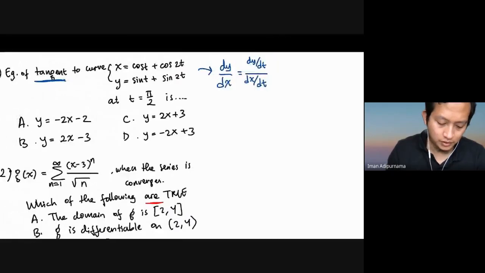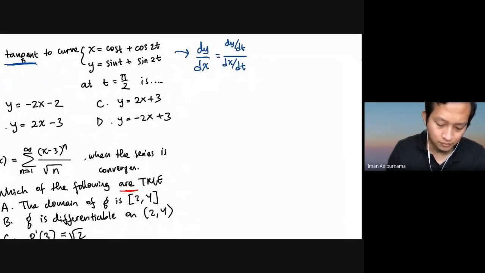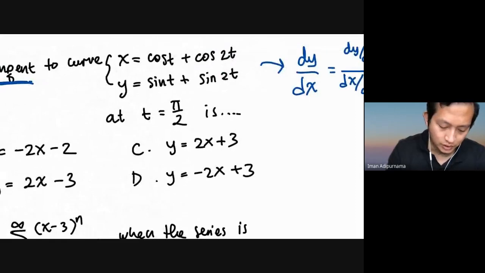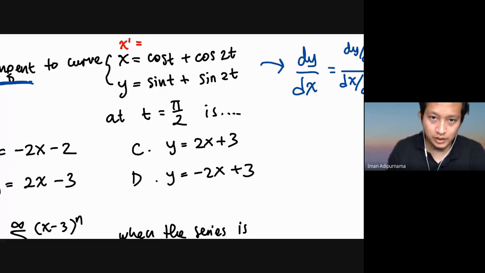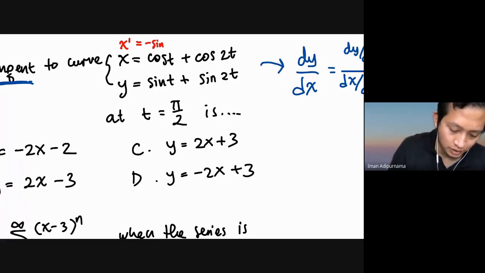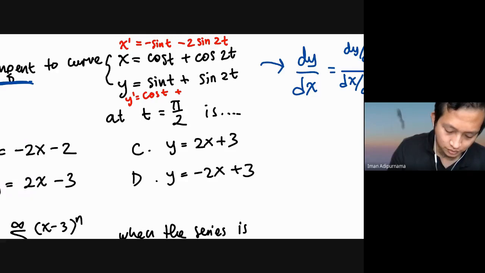And we can set up the derivatives for y and x. For example, x prime will be negative sine t, or in this case is minus, and also here is y prime, and this also becomes plus.